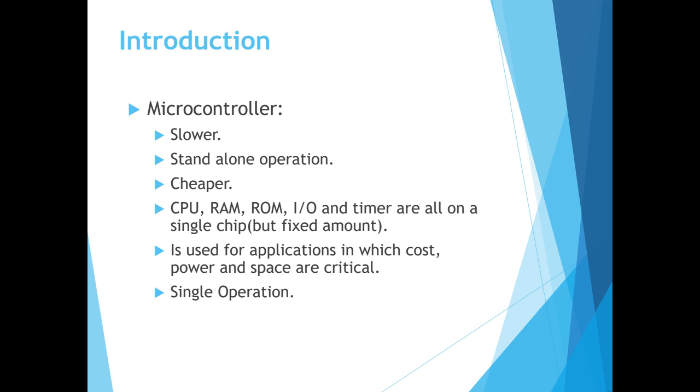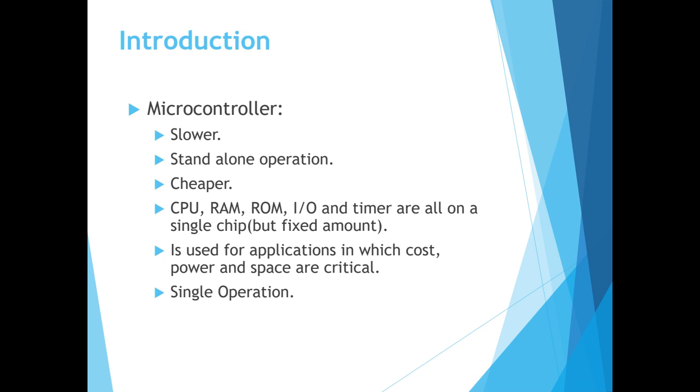And as you saw in the figures that I explained, all the CPUs, different types of memories, RAM, ROM, input, output ports, timer counter, and all of these peripherals are placed in one single chip with fixed amount.